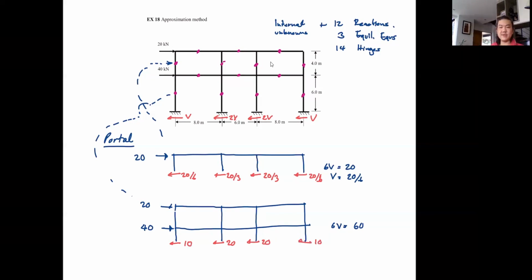So it seems like we already solved the base shear, meaning we are now ready to tackle the analysis, or rather the approximation of this structure one by one. Before we do that, we now solved the base shear. We have applied the hinges. This becomes perfectly determinate.